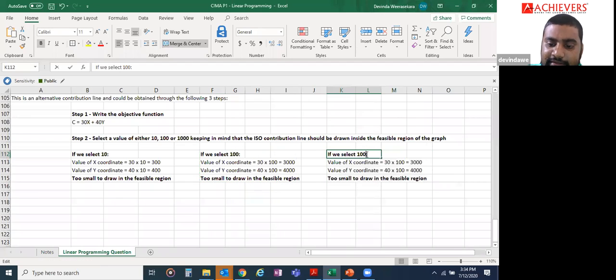Then let's select 1000 as the value for x and y. So if we select 1000 as the value, then it will be 30,000 for x, 40,000 for y.